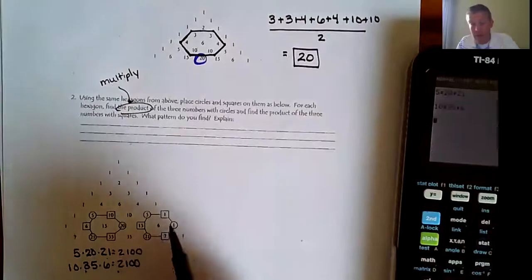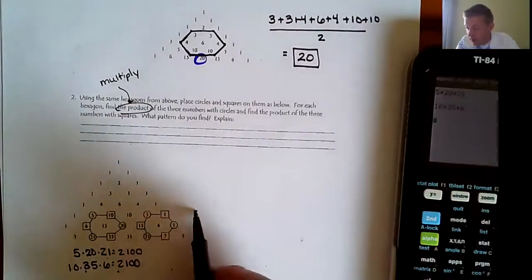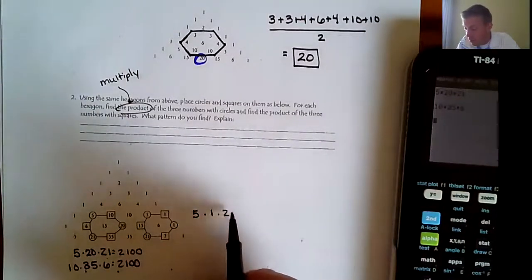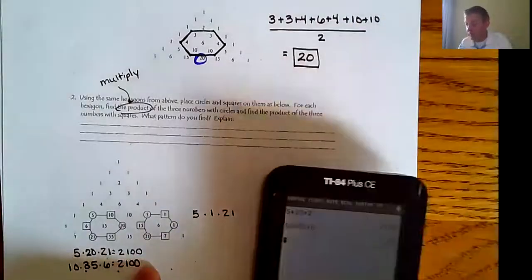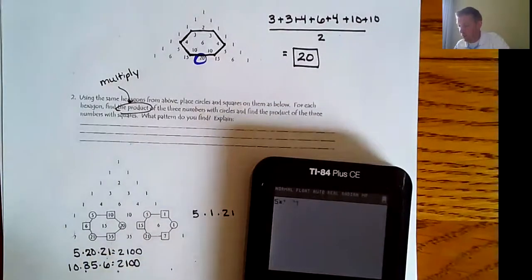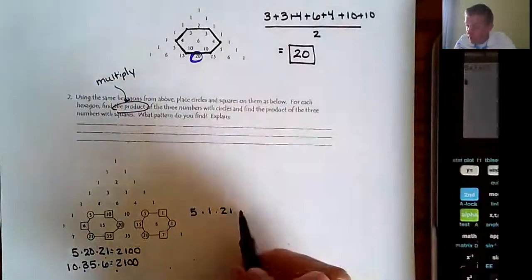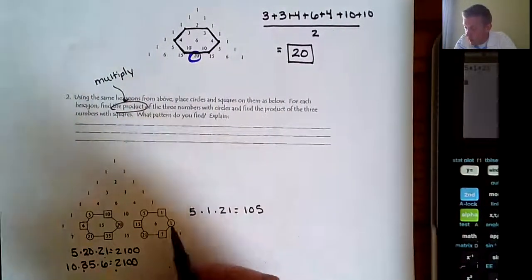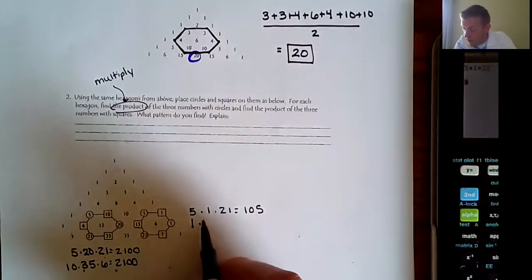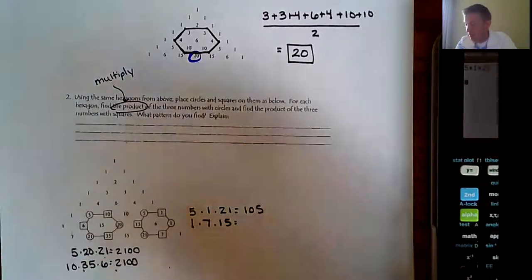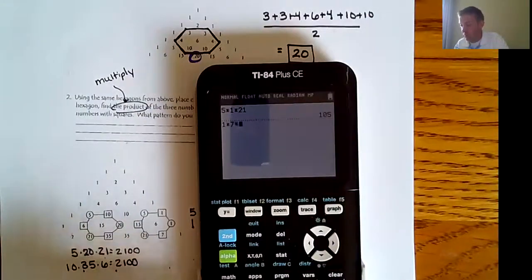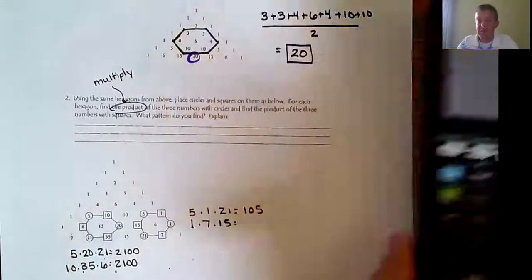Is that going to happen over here? Let's try it. 5 times 1 times 21, taking the 3 circles. It's 105. And 1 times 7 times 15. Also 105.